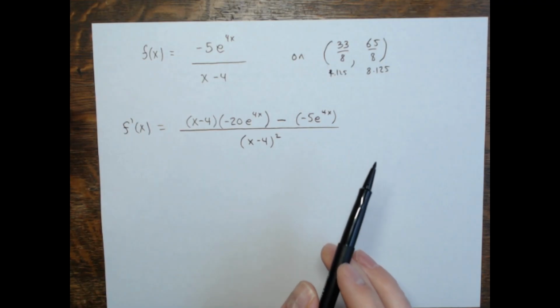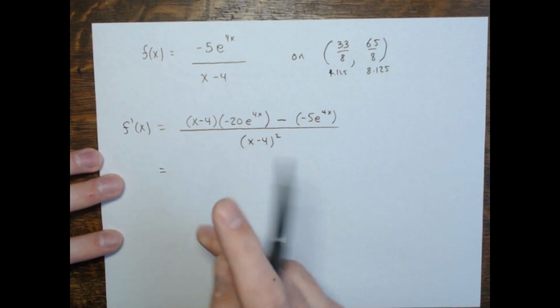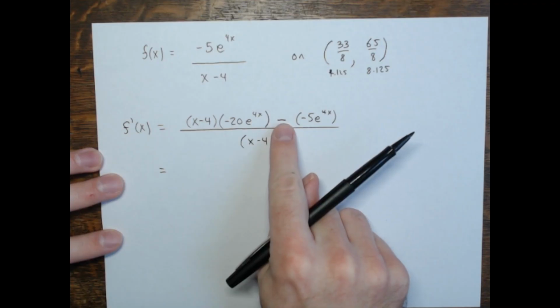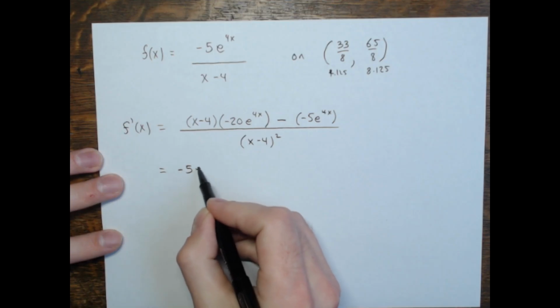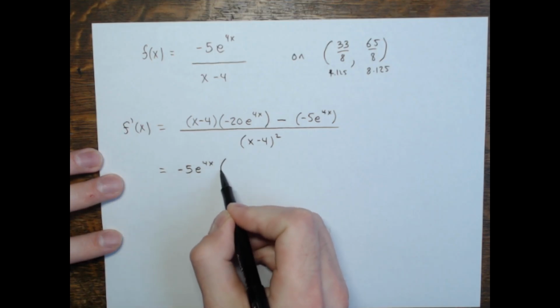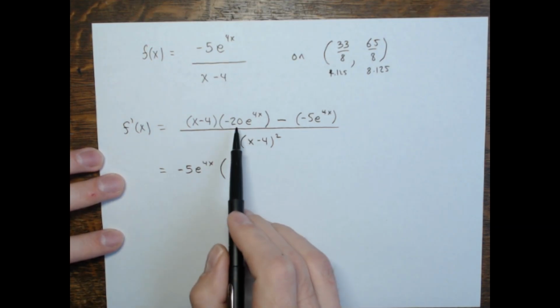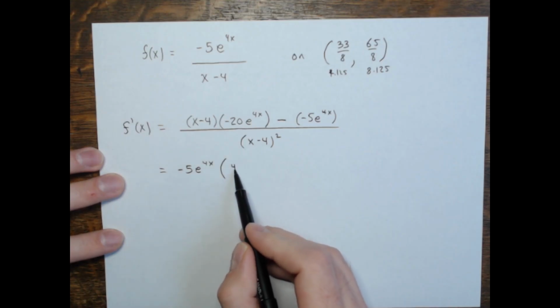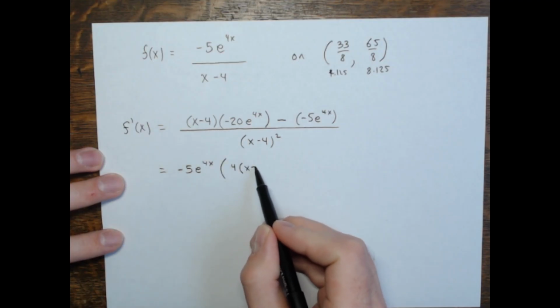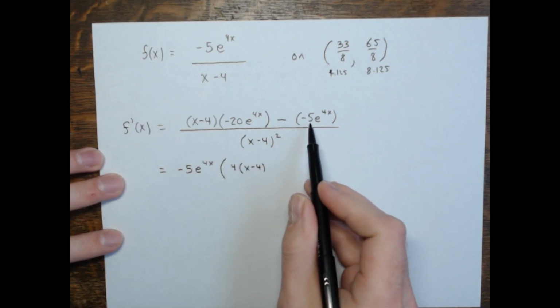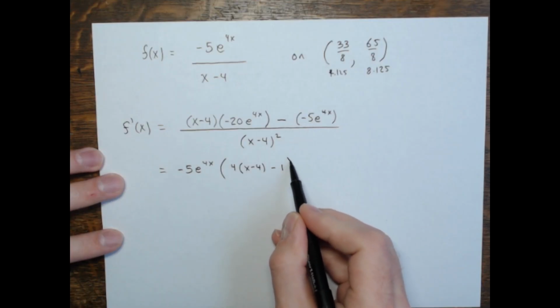All right, so to simplify this a tad, I'm going to pull out -5 e to the 4x, and if I remove that factor, you'd have +4 still from this factor here times x minus 4, and then minus, -1.